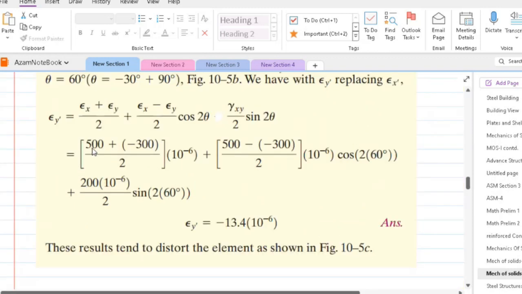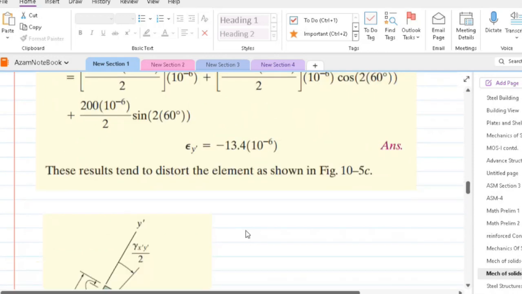So again 500 plus minus 300 by 2 with 10 raised to power minus 6 taken as common factor in the first expression, then 500 minus minus 300 by 2 times 10 raised to power minus 6 times cos 2 times 60° plus 200 into 10 raised to power minus 6 by 2 sine 2 times 60°, and we will get strain y prime equal to minus 13.4 into 10 raised to power minus 6.